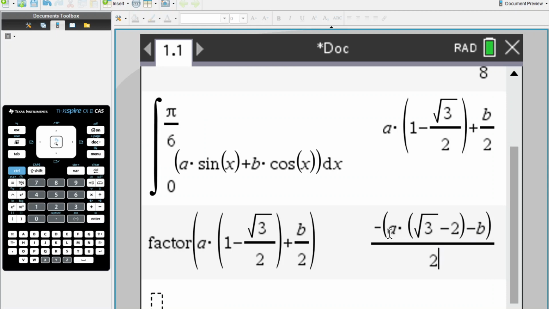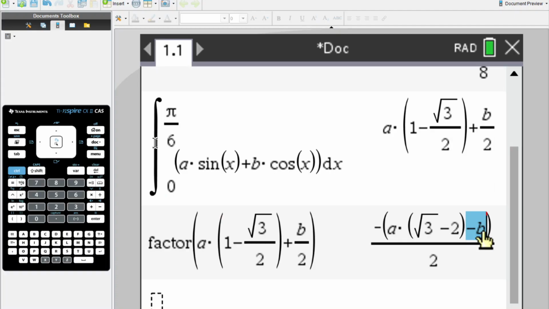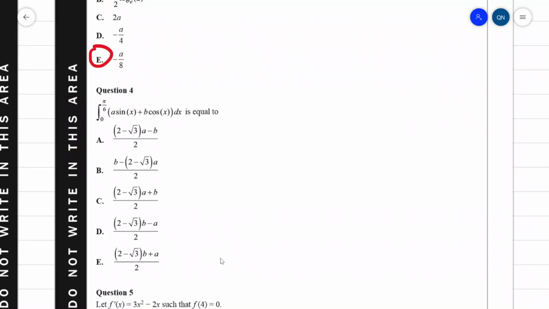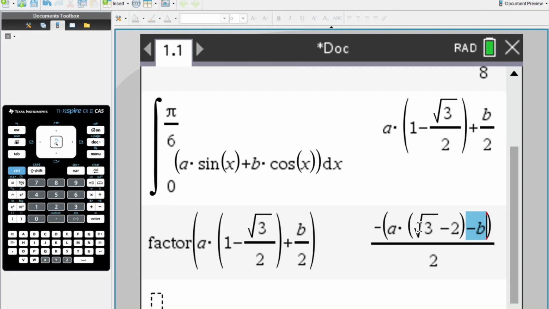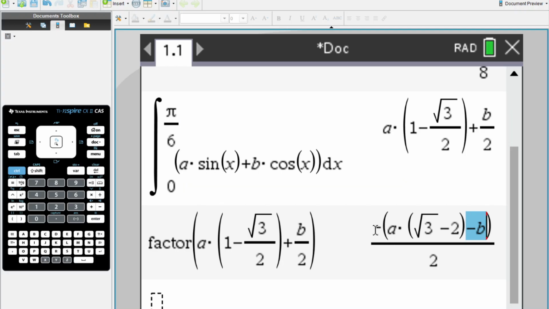So first of all, we have a negative distributed into this negative b, so we want a positive b in the numerator, and just a b by itself. So that eliminates e, that eliminates d, and it could be a, b, or c in this case. We want a with a √3 minus 2 with a negative as well. But we can bring that negative into the √3 minus 2 and switch those two numbers around.